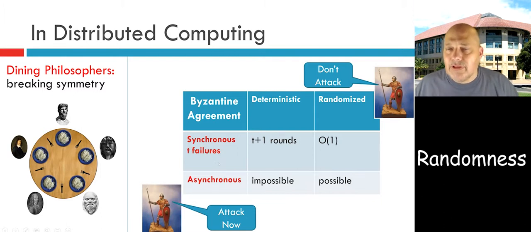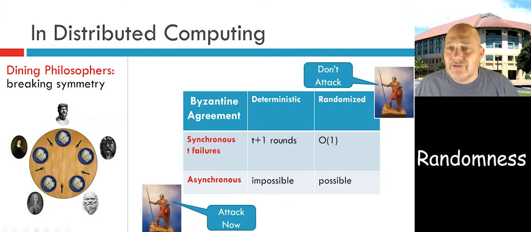The problem in this protocol is that some of these Byzantine leaders may fail. Think about a computer that is broken, perhaps even malicious, with some malicious software on it. If you have a synchronous protocol that has T failures, deterministically to reach an agreement they need T plus 1 rounds.